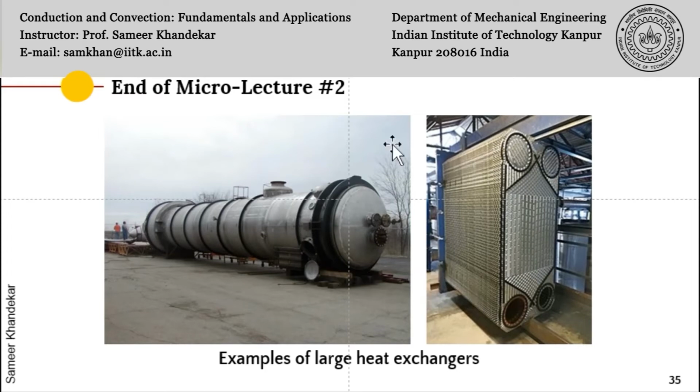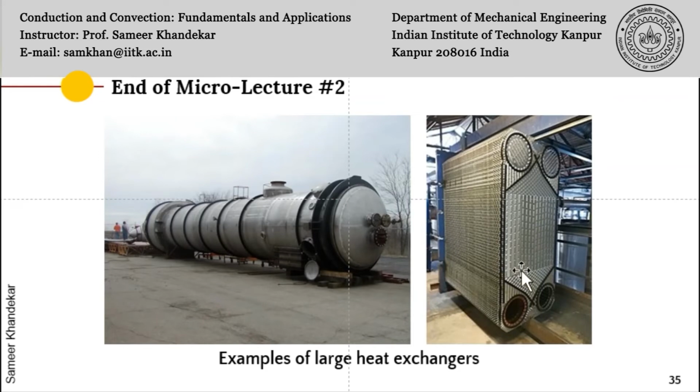I leave you with two pictures wherein you can see very large heat exchangers for chemical process industry, which are being transported from one location to the other for erection, like a shell and tube heat exchanger, for example. And you also see on the right a plate fin heat exchanger, which is also fairly large for a heavy duty operation.